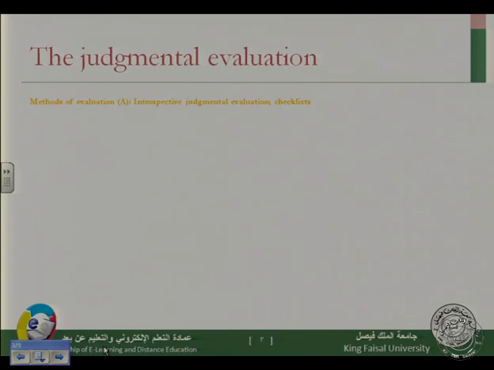We are going to study each term individually. Introspective means it's coming from your own judgment. Judgment evaluation, we know. Checklist, as I said, you have some criteria, and then you check what's applicable or not to your software.